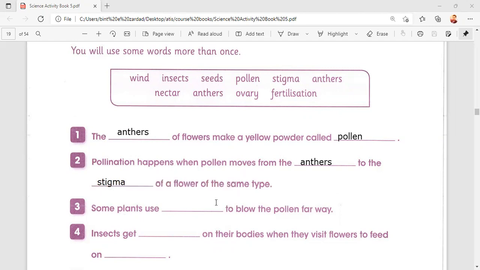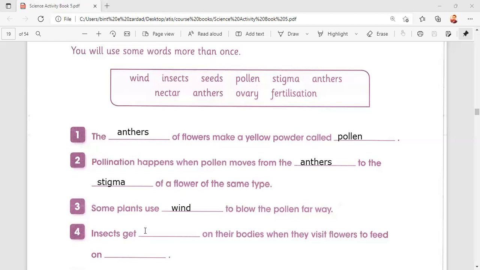Some plants use wind to blow the pollen far away.